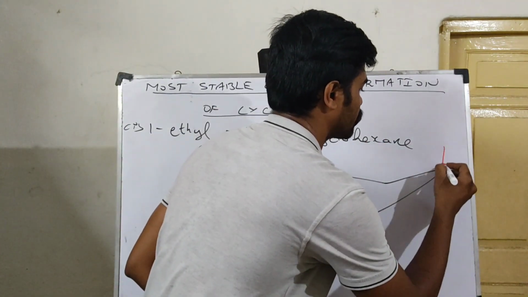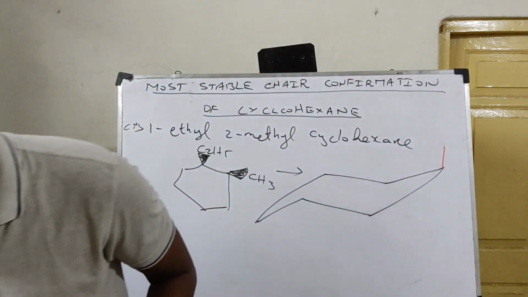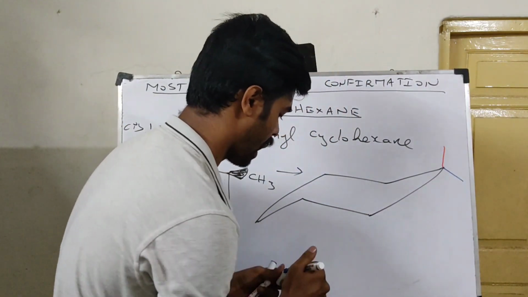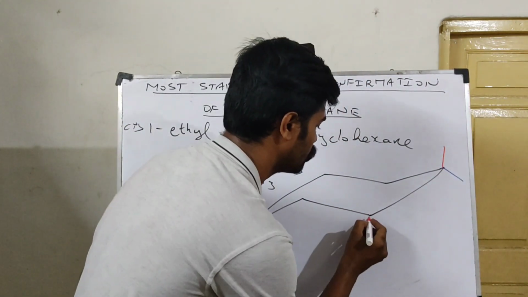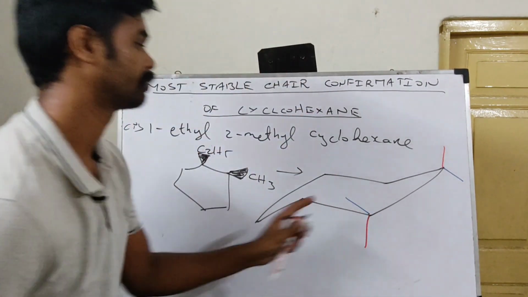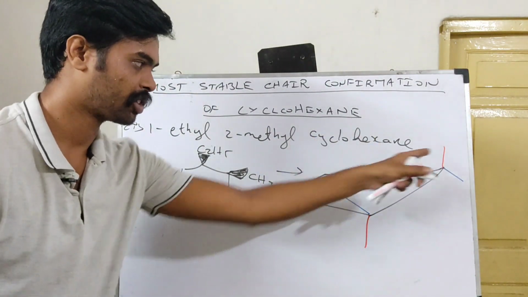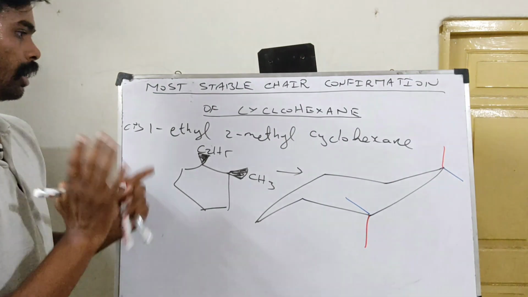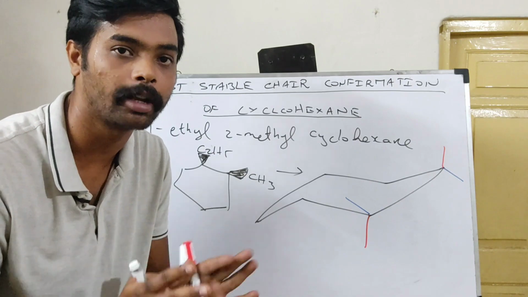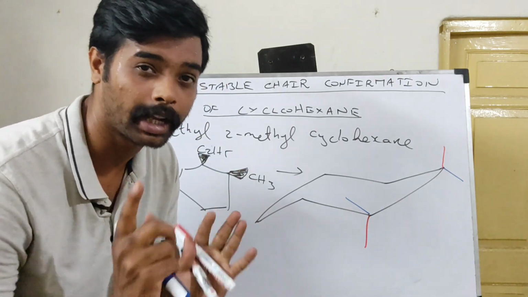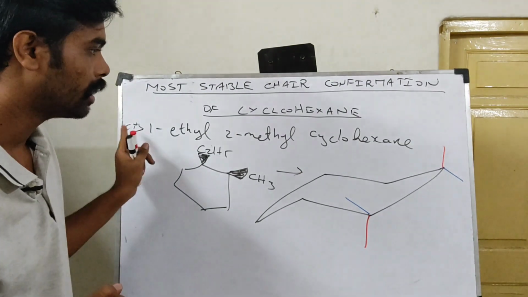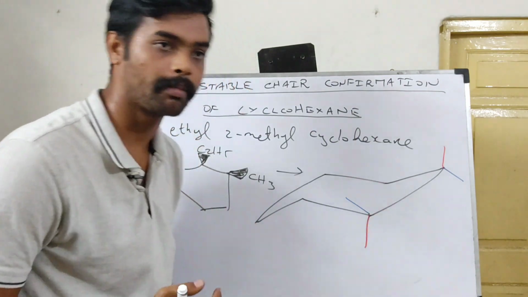So here axial up and equatorial down, and in the second carbon atom axial down and equatorial up. I didn't fill the other things because only these two are required for me. Now I already told you, in case of chair, it is not at all about whether it's going to be axial or equatorial, it is about whether it's pointing up or down. Now since it is cis, I have to make sure that both of them are going to point up or both of them are going to point down.